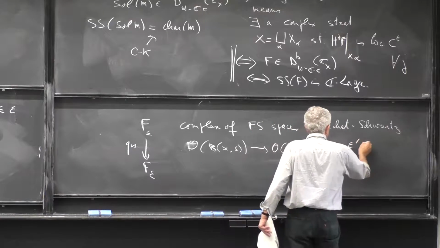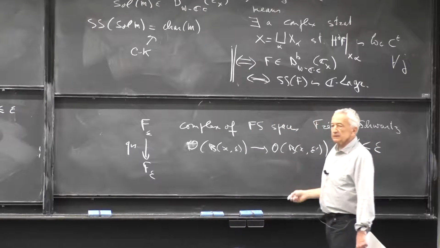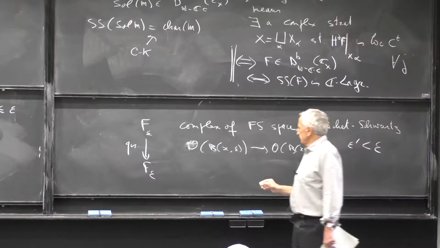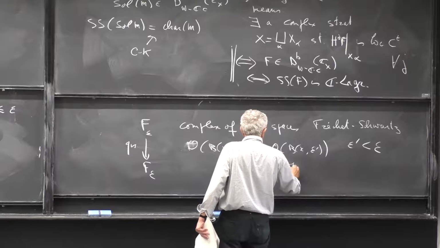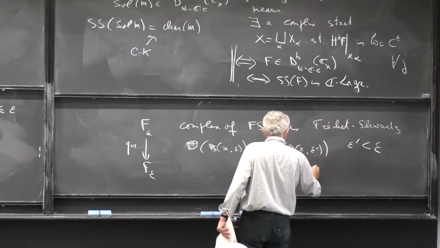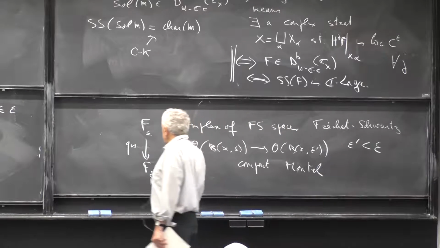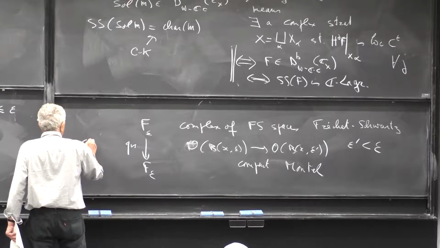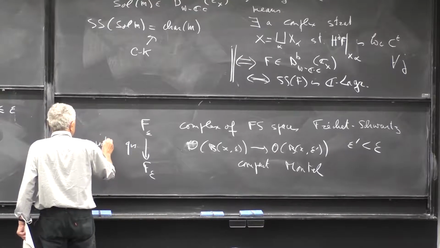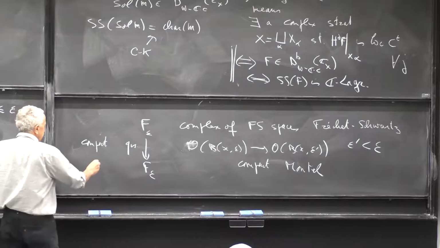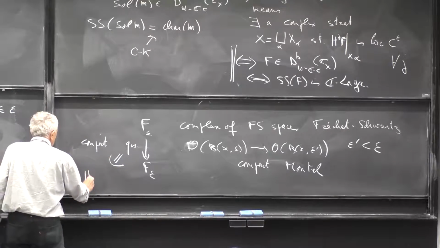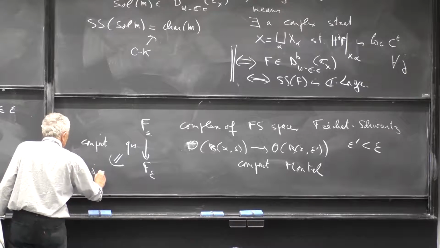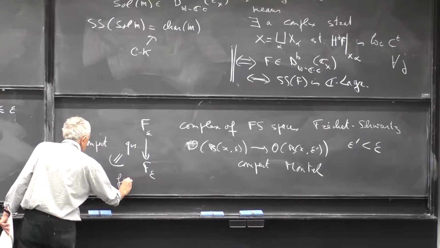If epsilon prime is smaller than epsilon, this map is compact by a theorem of Montel. So it's compact at each step. Then the finiteness: the dimension of the cohomology of F_epsilon is finite.